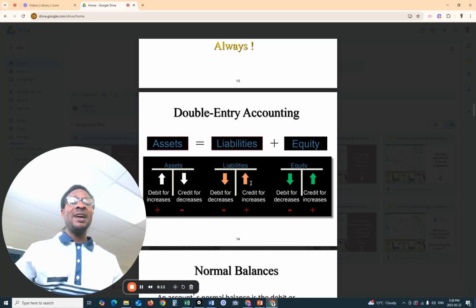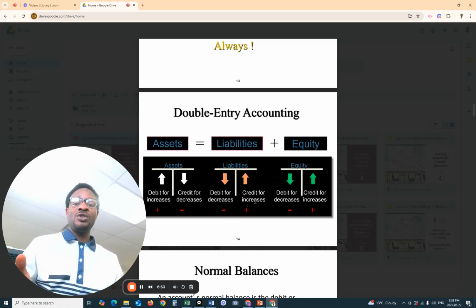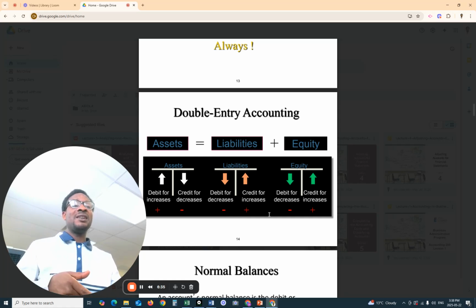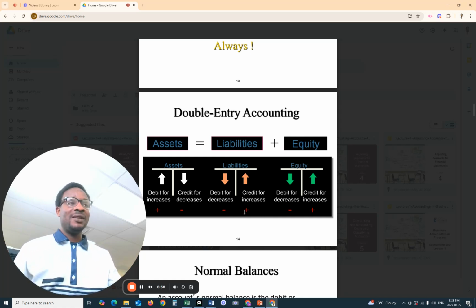So when the supplier is giving more and more, or the creditors are giving more, or the loan is going up, the loan account or the liabilities account will be on the credit side. But when the loan account is going down, or the supplier's value is reducing, for instance, you paid your supplier to settle what you owe, the supplier's account will reduce because you are owing less, and it will be on the debit side.